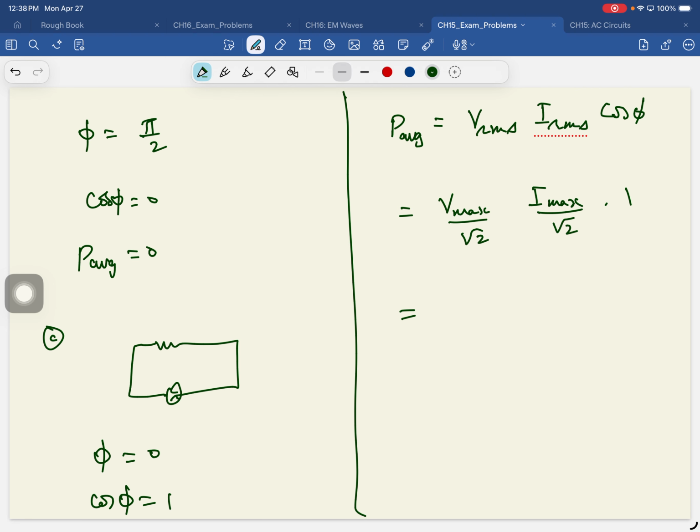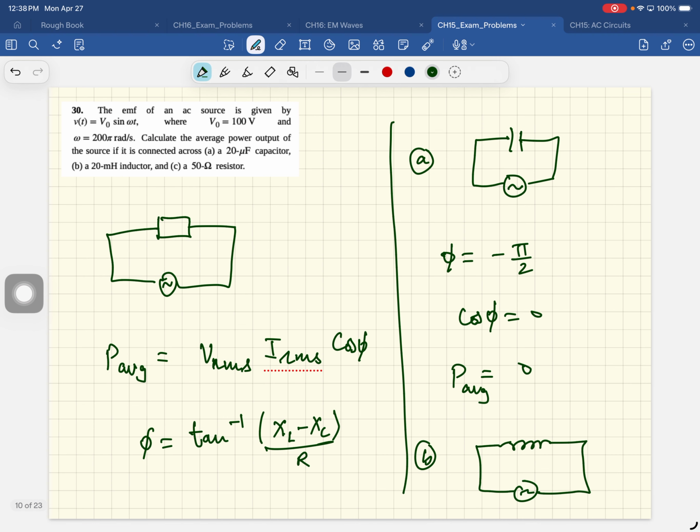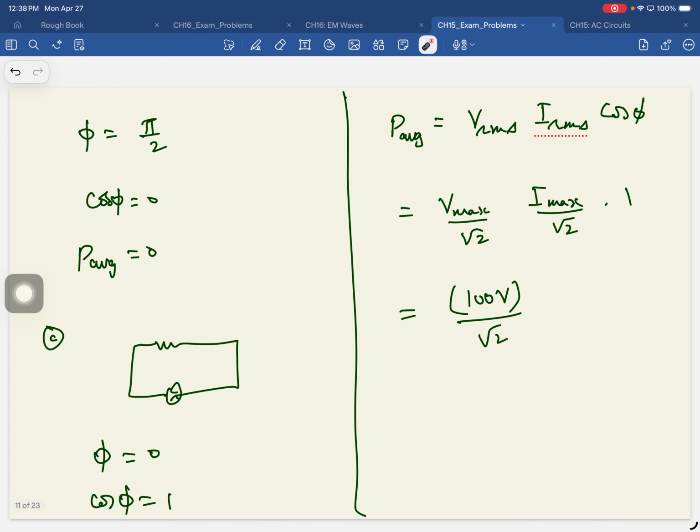Vmax was 100 volts, and Imax will be Vmax, 100 volts divided by 50 ohms, divided by root 2.